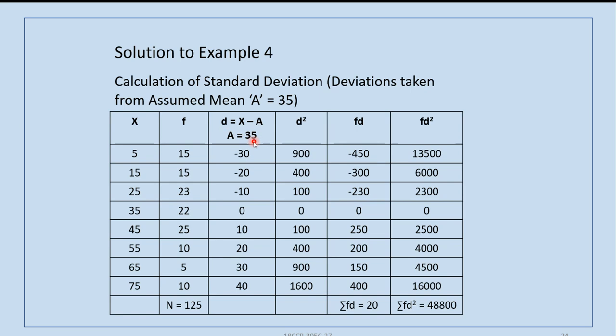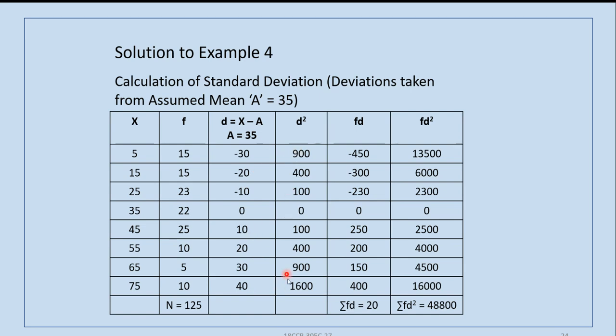A is assumed as 35 and it is deducted from the x series, that is 5 minus 35, 15 minus 35, 25 minus 35, 35 minus 35, 45 minus 35, 55 minus 35, 65 minus 35 and 75 minus 35. So these are the values we got.